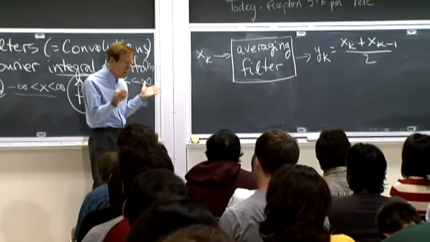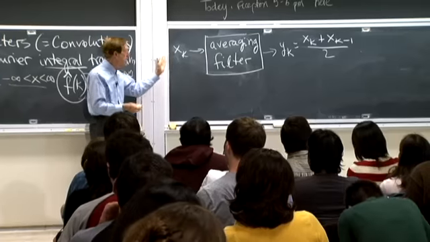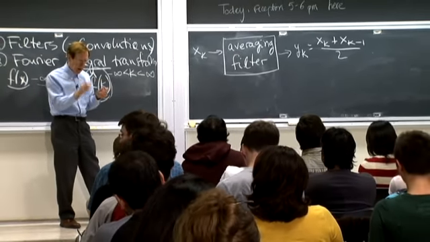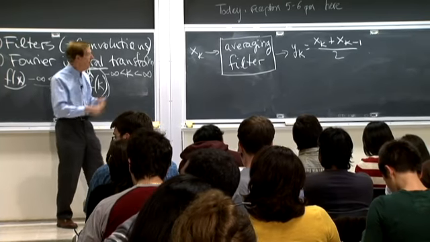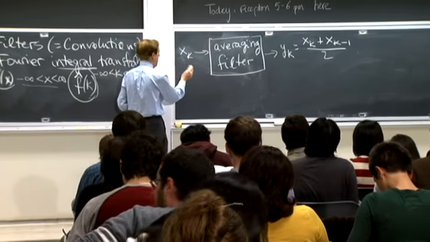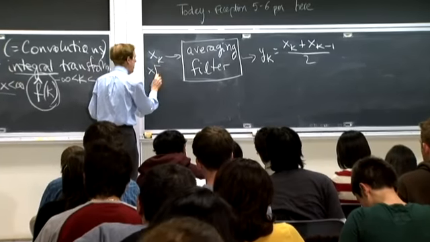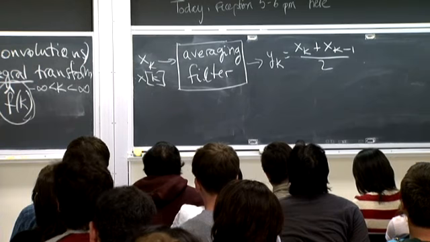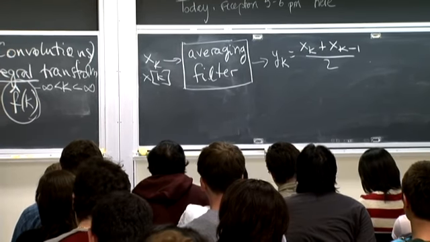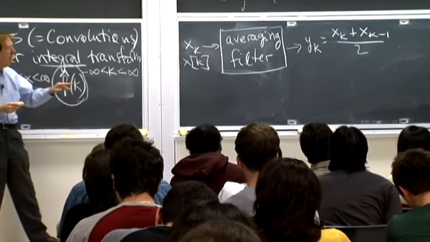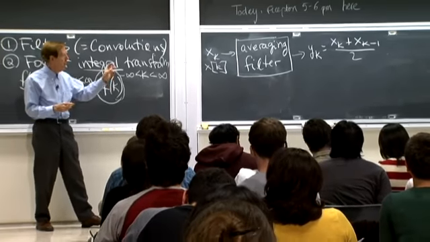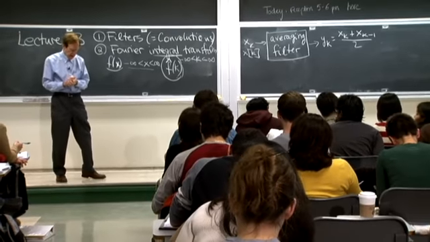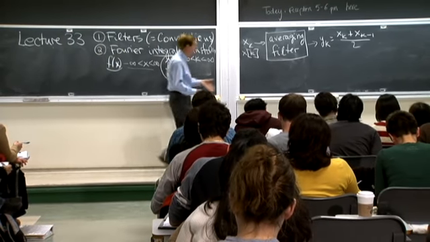So here's a typical block diagram. In comes a signal, vector x, values x_k. Often in engineering, in EE, people tend to write that x of k these days, as being easier to type. But I'll stay with the subscript. So that signal comes in and it goes through a filter.